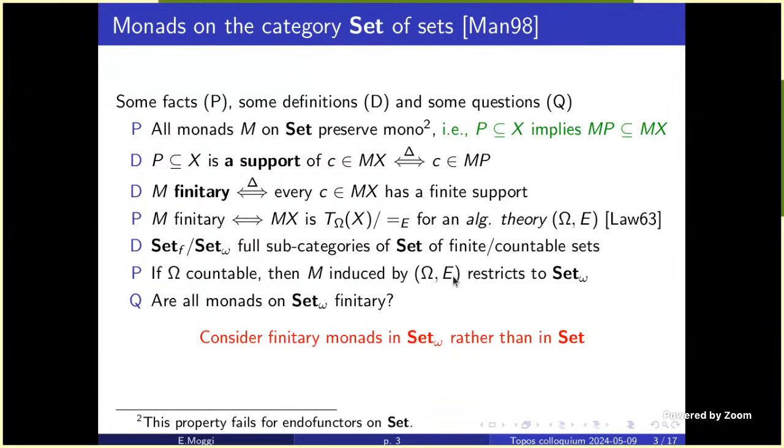A first restriction on finitary monads is to require that finitary monads restrict to countable sets. In terms of algebraic theory, this corresponds to requiring that the signature is at most countable.